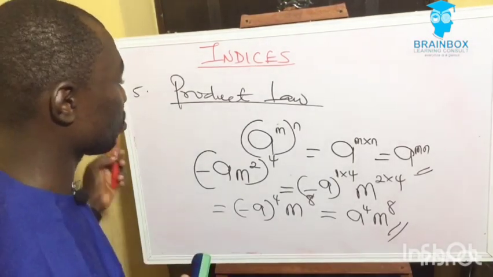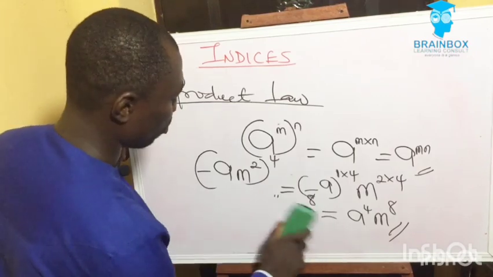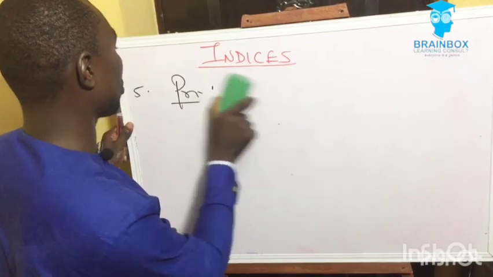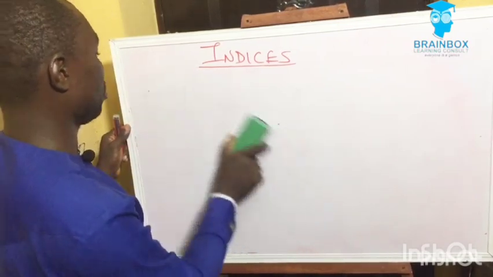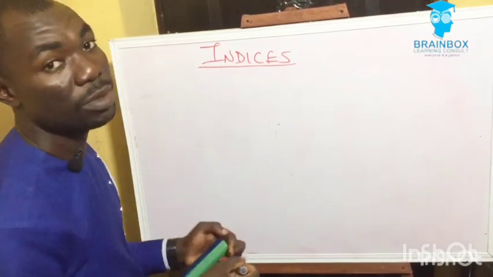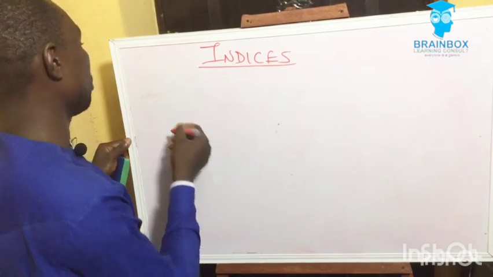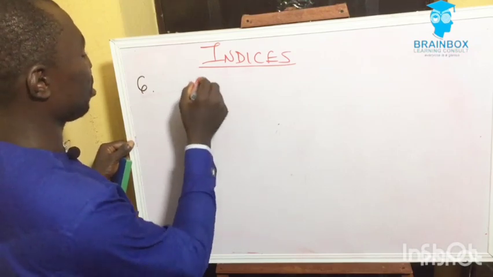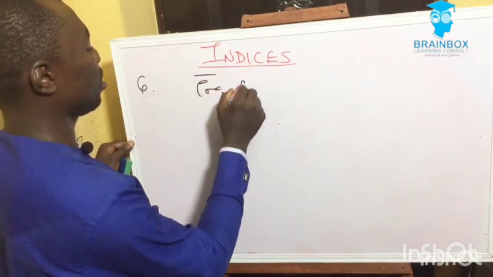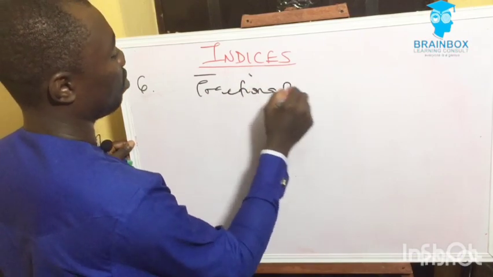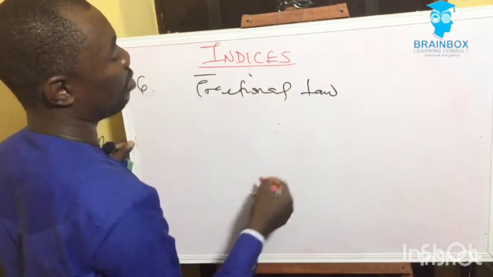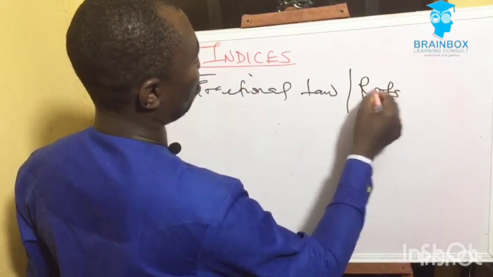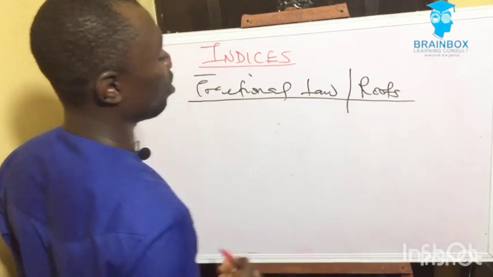Let's go to another law quickly. The law I want to talk about is the fractional law. I think that's number 6 or 7, I can't remember. But I want to explain this fractional law with roots.